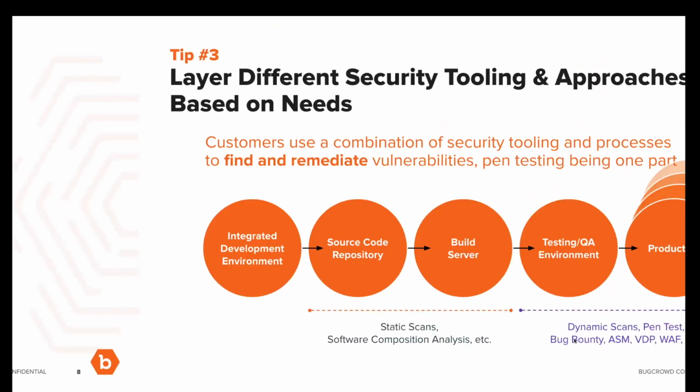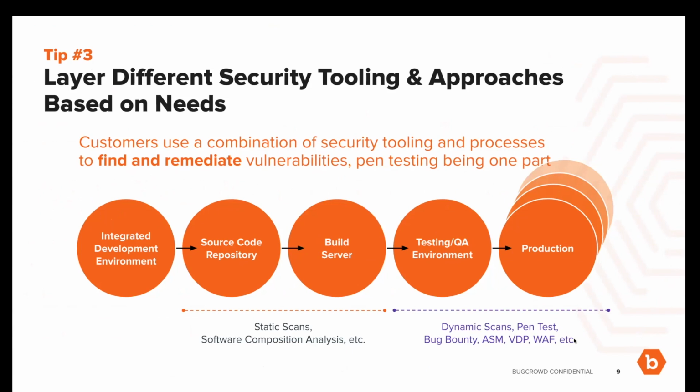And finally, this is pretty key as well, layer the security tooling and approaches based on your needs. In some organizations, it's quite possible that a penetration test every 3 months is sufficient given the velocity at which code is deployed.